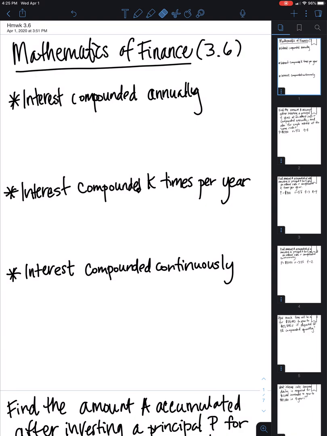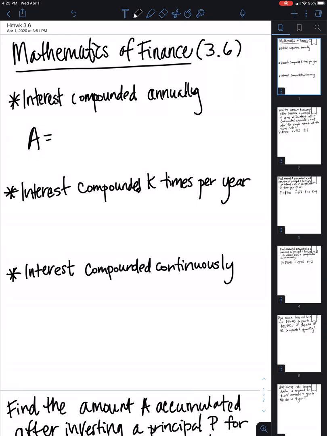Okay, so anyways, I'm just going to give you the three main equations we're going to use in this section. The first one is when interest is compounded annually. Here's the equation for that.